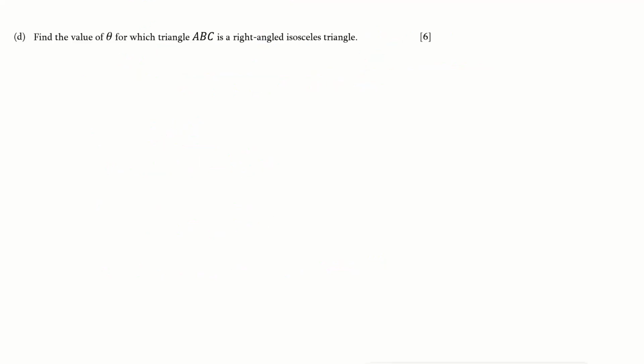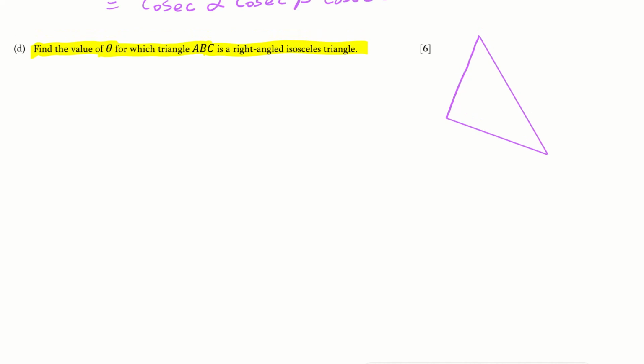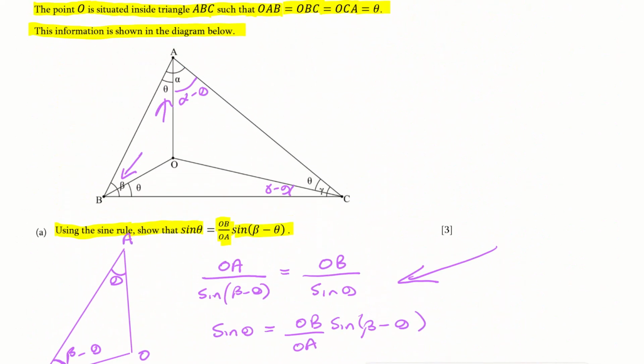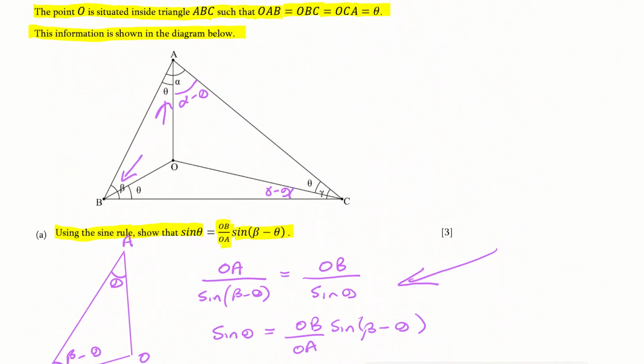So finally, we want to find the value of theta for which triangle ABC is a right-angled isosceles triangle. Let's go back and look at the original triangle. Let's say that beta is 90 degrees.